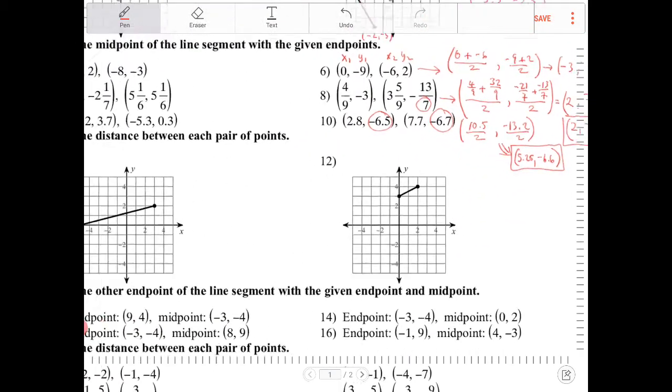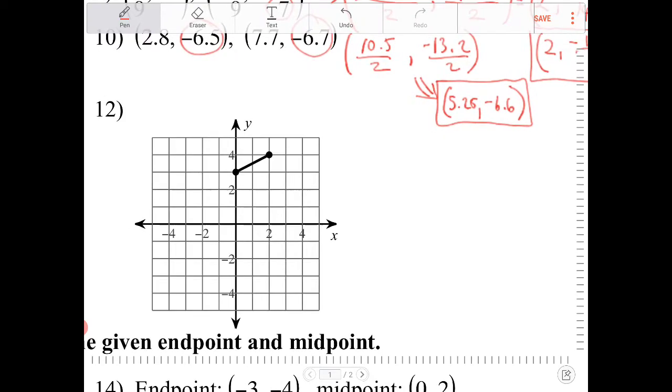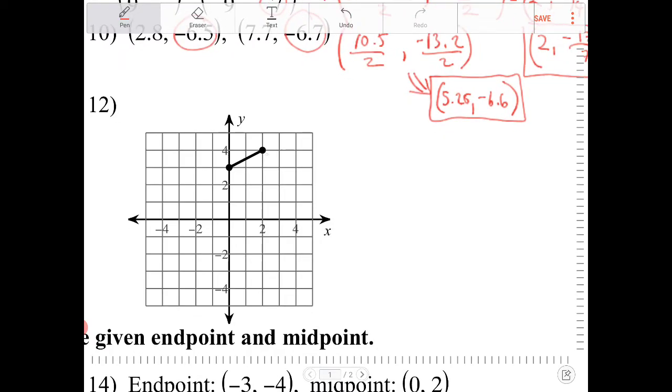Alright, next it says find the distance between each pair of points. So to find the distance, I don't encourage you using the distance formula, although you certainly can. But this is just a Pythagorean theorem situation, right?